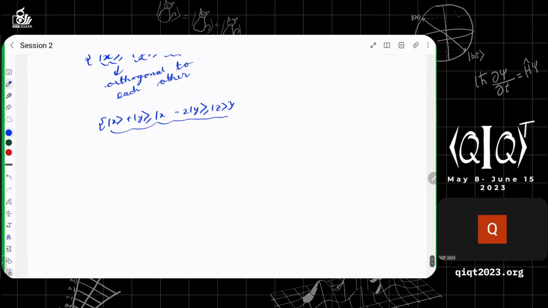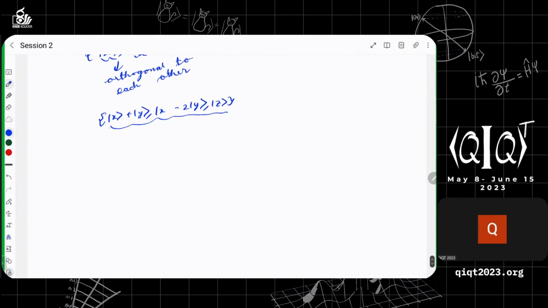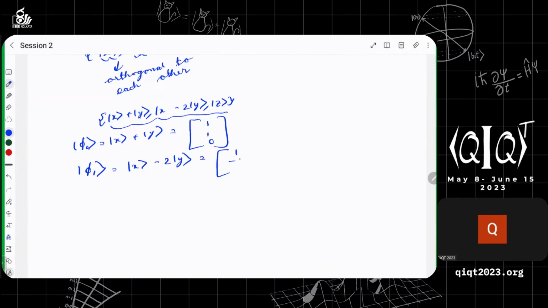So let's check that. Remember, x plus y we calculated is 1, 1, 0. So let's call it, say, phi 0. And let's call phi 1 x minus 2y, and that is 1, minus 2, 0. Now, how do you know if two vectors are orthogonal or not? You just have to take the inner product.